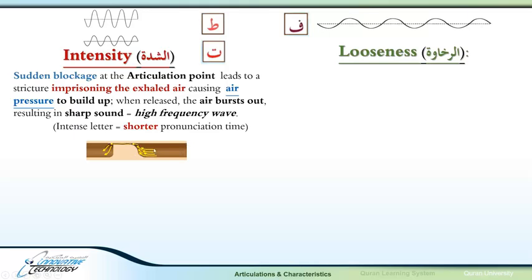So if we consider the exhaled air is passing this way through this tube, and there is something suddenly blocking its pathway, like the tongue, for example, rising upward towards the soft palate, then it causes a stricture here that imprisons the air behind it, and that imprisonment would cause the air pressure to build up, and when released, would cause the air to burst out, resulting in a sharp sound, which is actually what gives the high frequency of the wave.